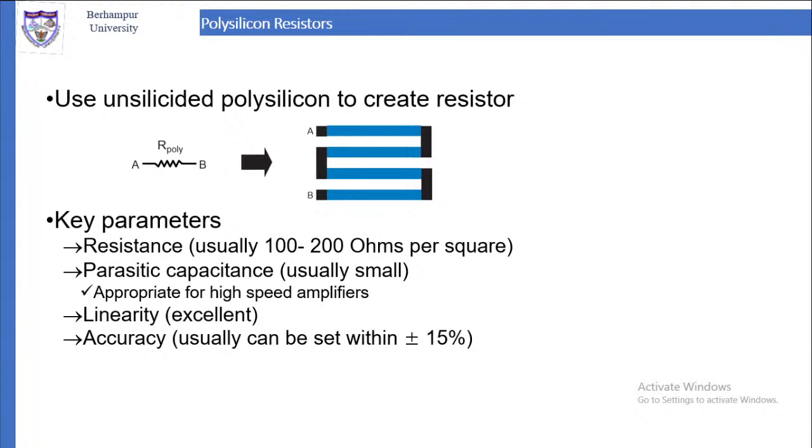Usually small, they can be neglected. These are appropriate for high speed amplification. Then linearity is excellent here. Accuracy will be within plus minus 50%. So these are the key parameters if you design a polysilicon resistor.